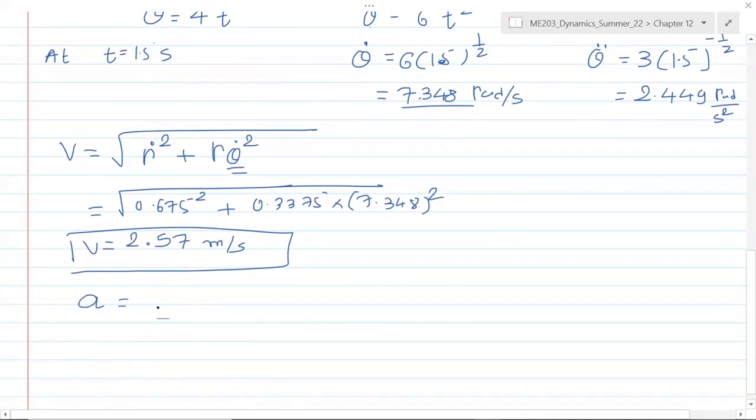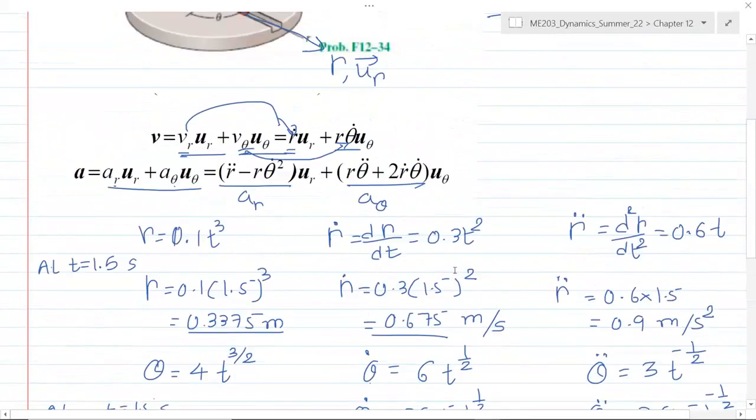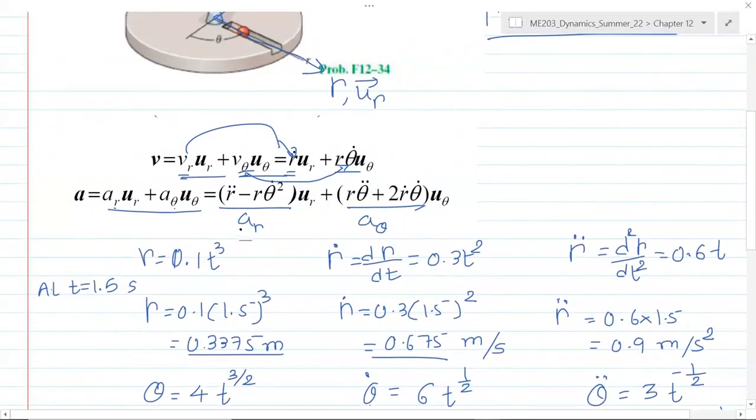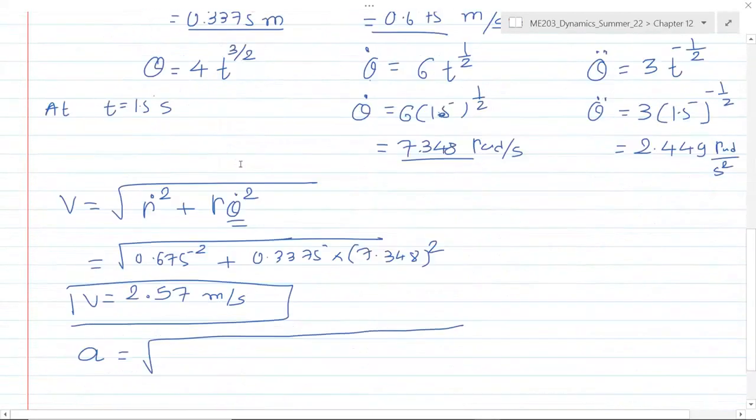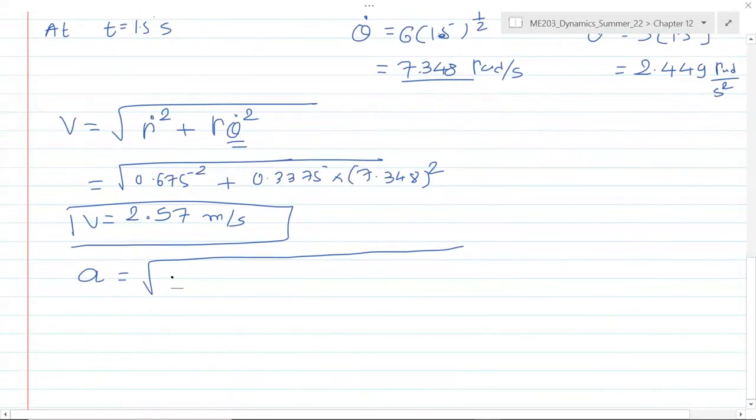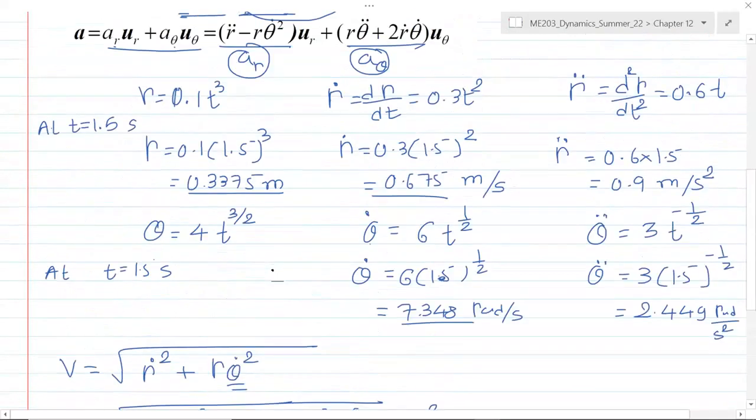For acceleration, we have another formula, which is the square root of the radial component square plus the transverse component square, which is r double dot minus r theta dot square, whole square. See, be careful with this formula.